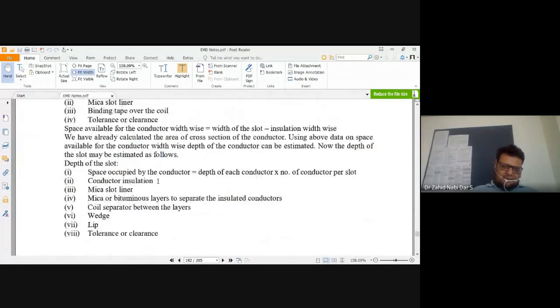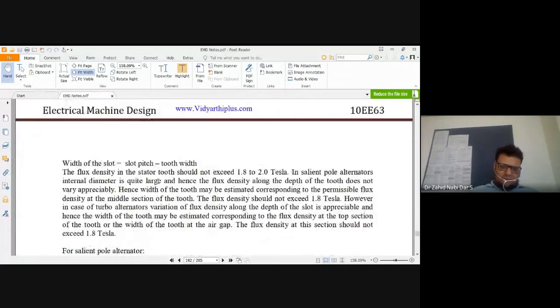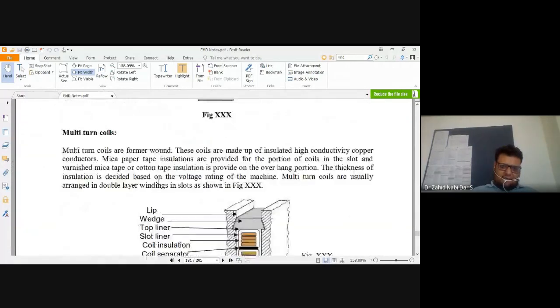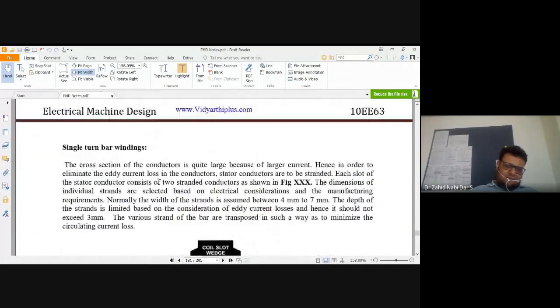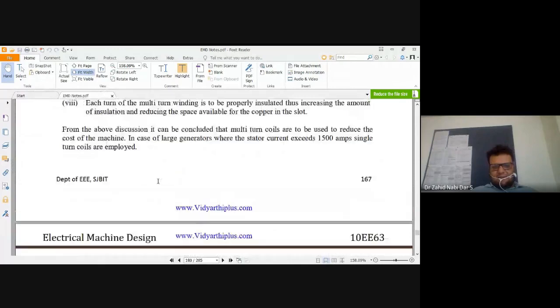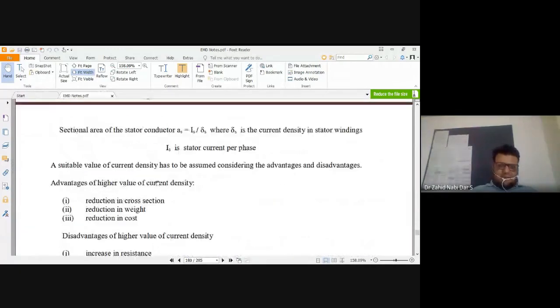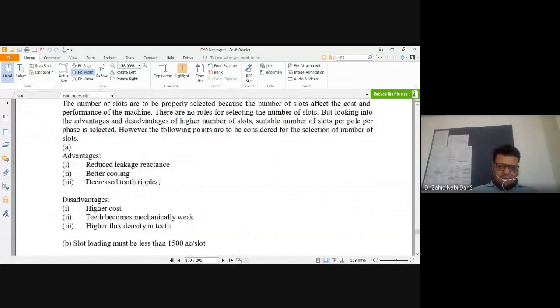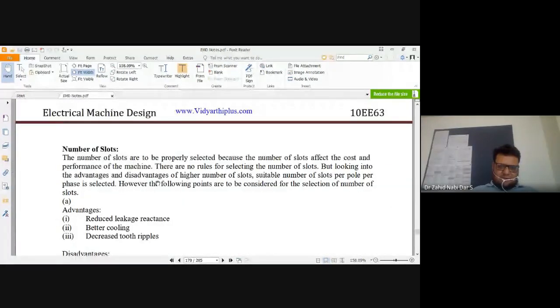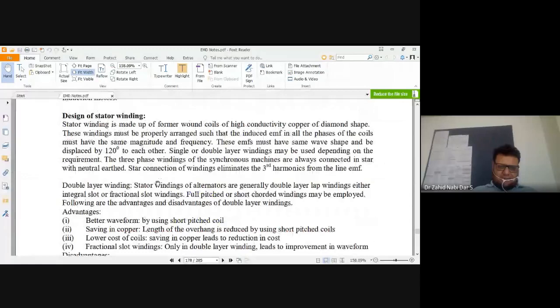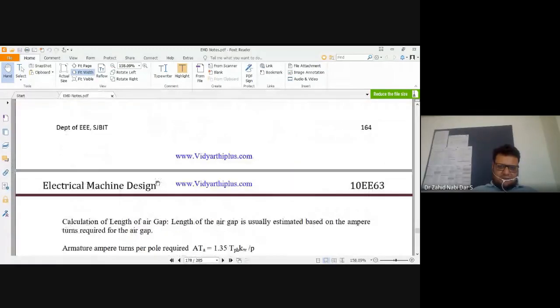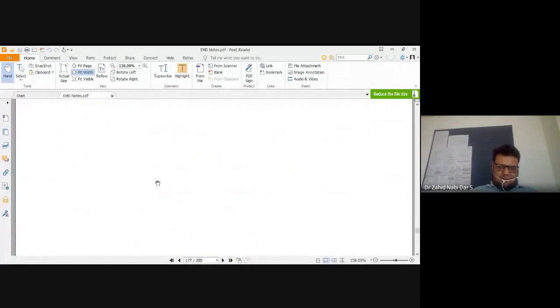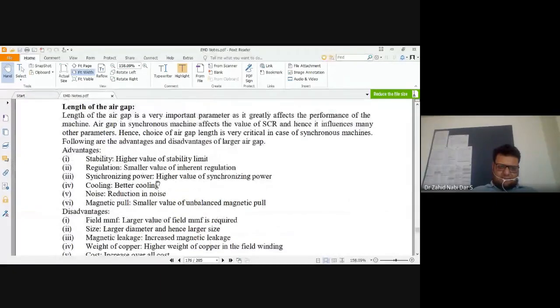We can relate it with the transformer and induction motor also, as you saw. Once we have drawn the output equation for the induction motor, a similar output equation we have drawn for the alternator. It's the same AC machine, so it will not change as such.